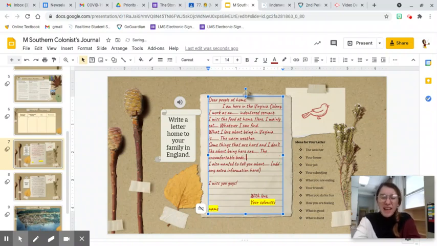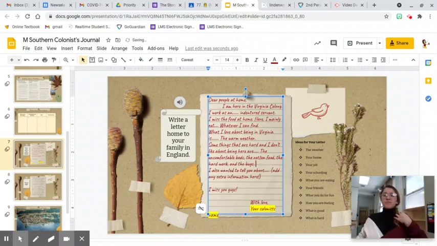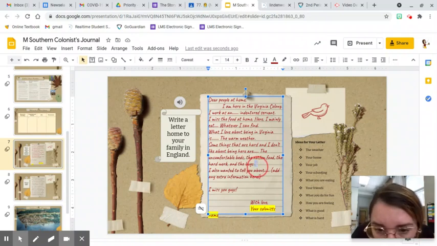Remember, they had to share beds with a lot of people. The uncomfortable beds, the rotten food, the hard work, and the bugs. Maybe for you, it's the food. Maybe for you, what's hard about being there is missing your family. It's totally up to you what you want to write there for your character. Notice that I ended that with a period to show that my sentence was over.